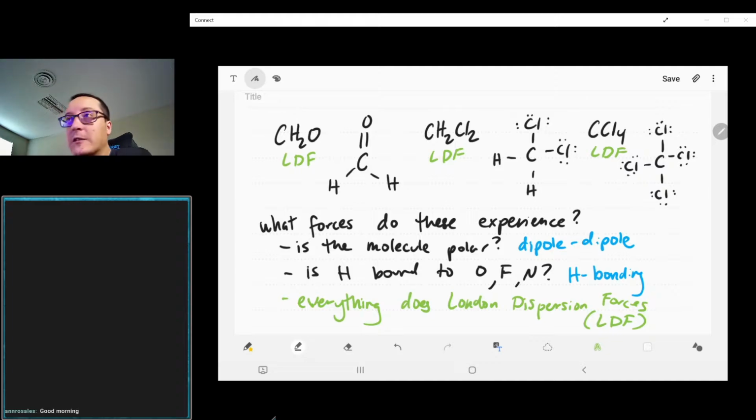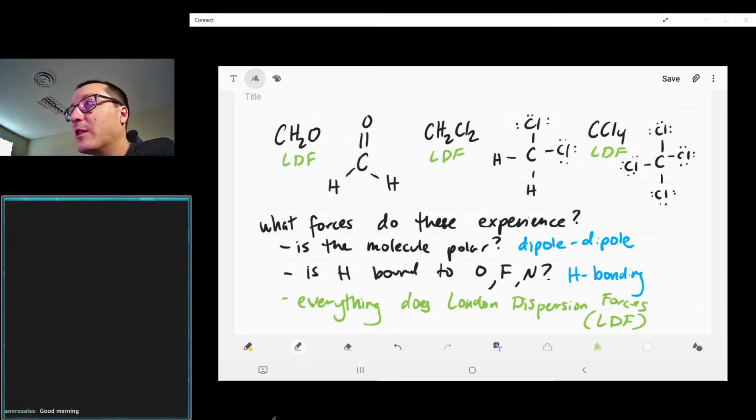Okay. So if we're going to ask ourselves, is the molecule polar or not? Remember our criteria for polarity was looking and seeing, does our central atom have different electron domains attached to it?